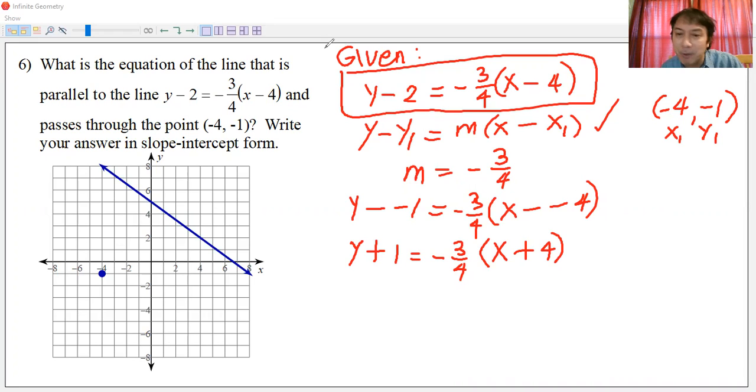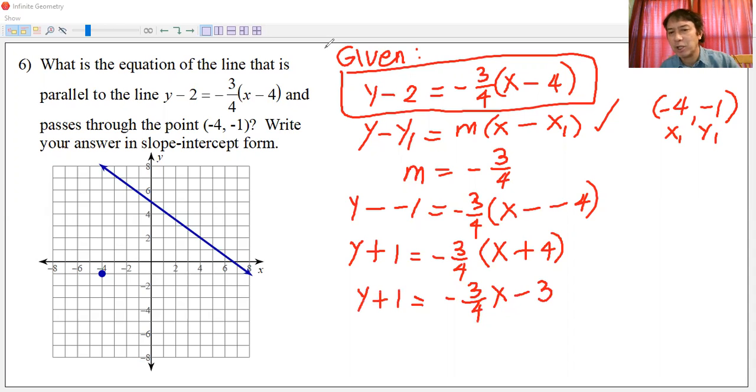This gives us equals negative 3/4 x, and then negative 3/4 multiplied by 4 is negative 12 over 4, which is just negative 3. The left side will still be y plus 1.